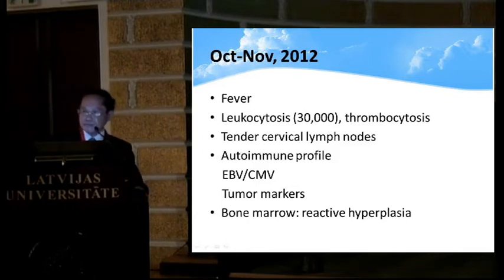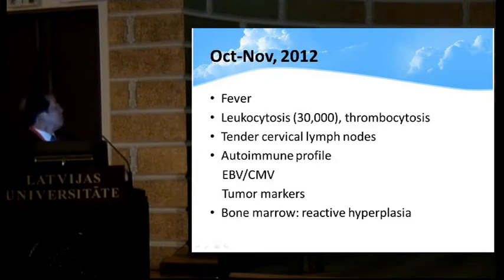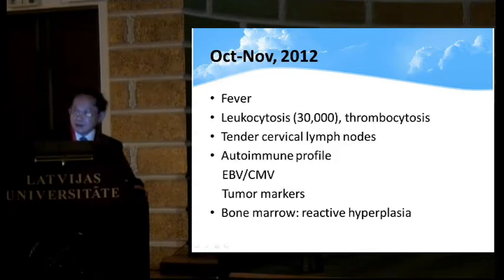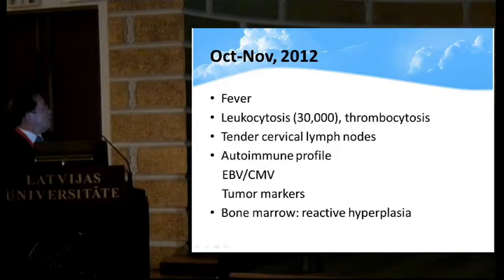At this point, the cervical lymph node was painful and enlarged. All the autoimmune profile, EBV, cytomegalovirus, and tumor markers were negative. You may wonder why we do the EBV. In our part of the world, nasopharyngeal carcinoma, NPC, is quite common, so with a cervical lymph node we usually have to do the EBV titers. The bone marrow only showed reactive hyperplasia.